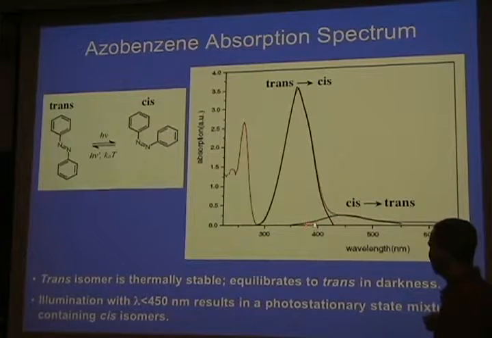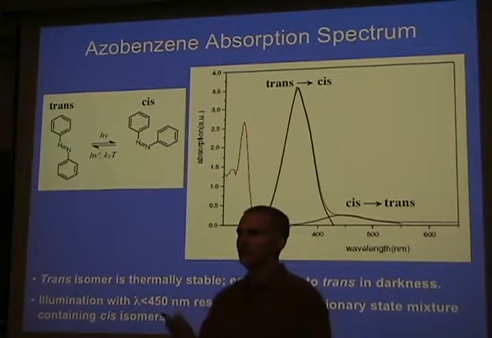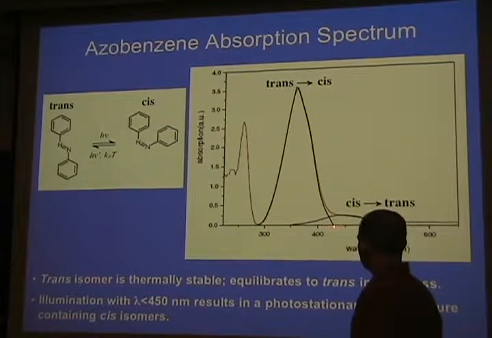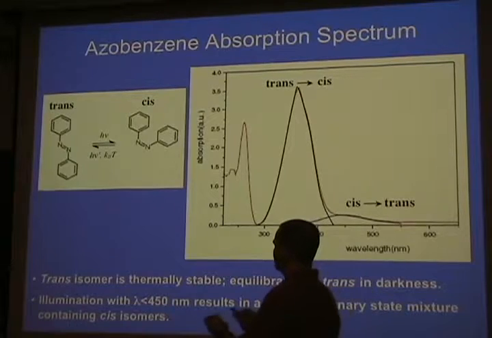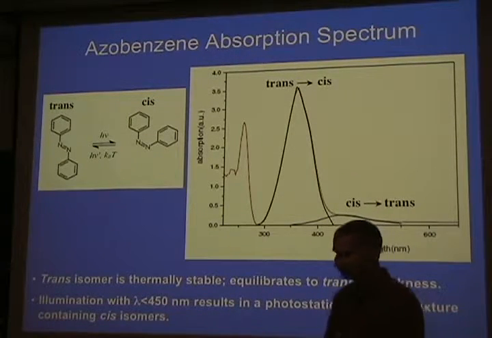So depending on exactly what wavelength you choose to illuminate at, where these 2 bands overlap, you end up with a distinctive mixture of the 2. That's called a photostationary state. And so by tuning the wavelength of the light in this region where these bands overlap, it's kind of a surrogate for changing the mole fraction of cis and trans in a systematic way.